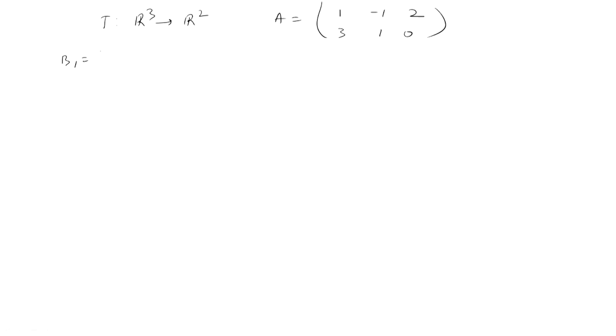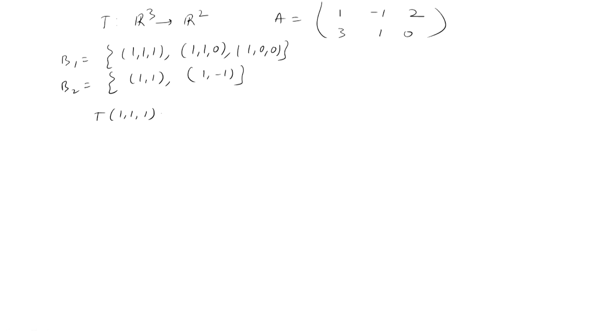B1 is (1, 1, 1), (1, 1, 0) and (1, 0, 0). B2 is (1, 1) and (1, minus 1). Now, first we write T of (1, 1, 1), the first element; the coordinates are 1, 3. So, 1 times (1, 1) plus 3 times (1, minus 1), which is (4, minus 2).